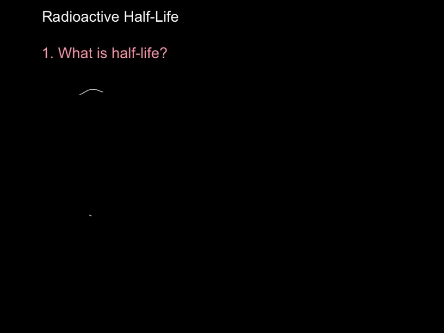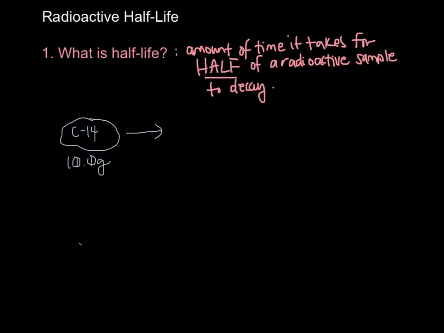So let's say I have a little pile of, say, carbon-14, and it weighs, I don't know, 10 grams. Half-life is defined as the amount of time it takes for half of a radioactive sample to decay. So if I have 10 grams of carbon-14 and I let it decay over time into its daughter element, which is nitrogen-14, by the way, in case you're wondering.